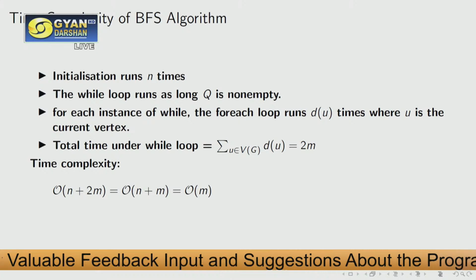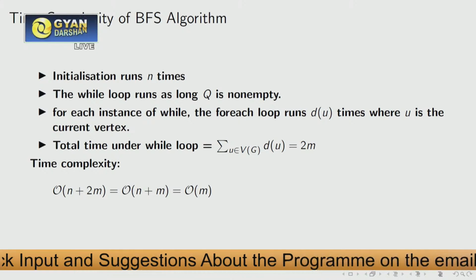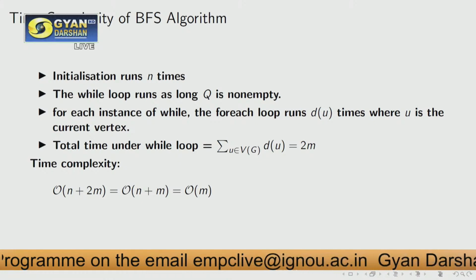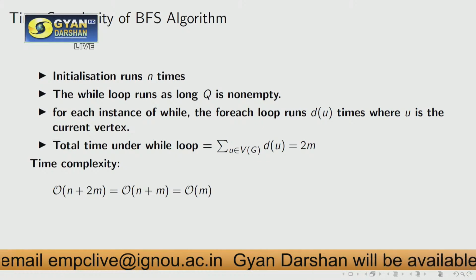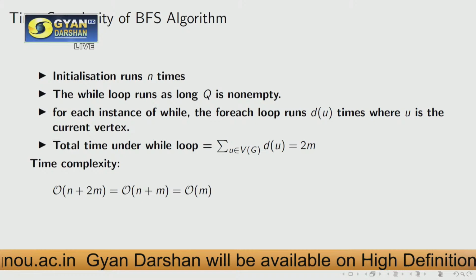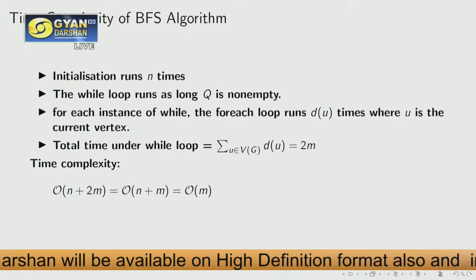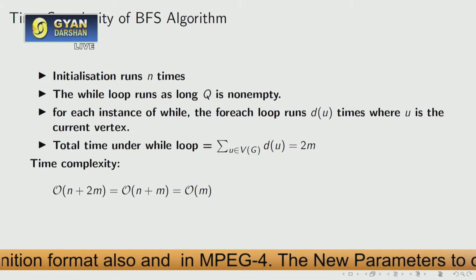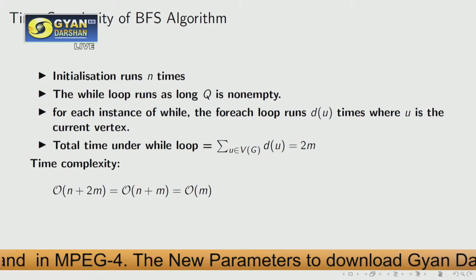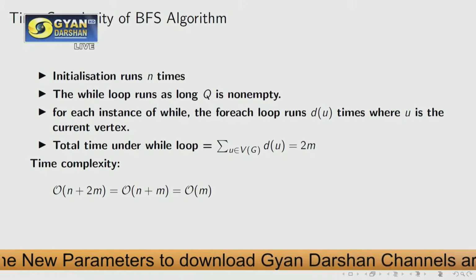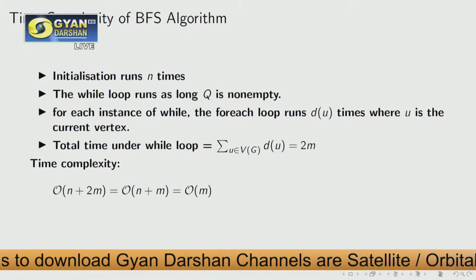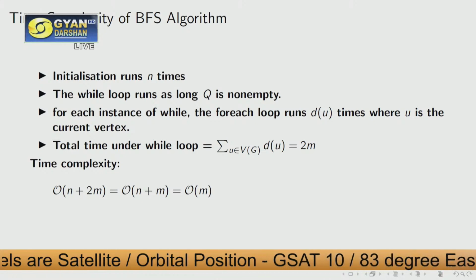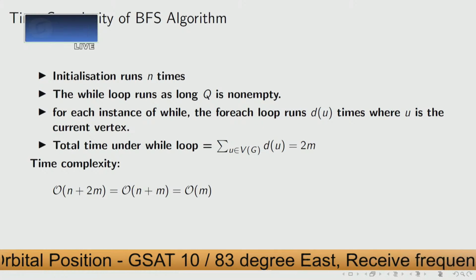Under the while loop, there is a for each loop, which runs just d(u) times where U is the current vertex. d(u) is the degree of the vertex U, and if we sum all the vertex degrees, we get twice the number of edges, 2m. So the total time taken by the while loop is the sum of all the vertex degrees, which is twice the number of edges, 2m.